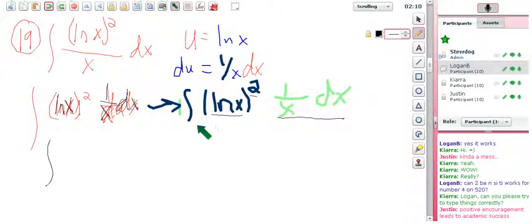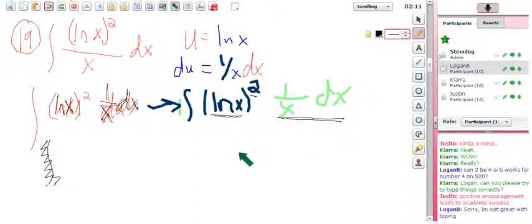Alright, so yes, we've got it right. I'm going to scratch this out. And if this is u, and this is n, and this is du, then let's follow number 4 on 520 and write our integral.